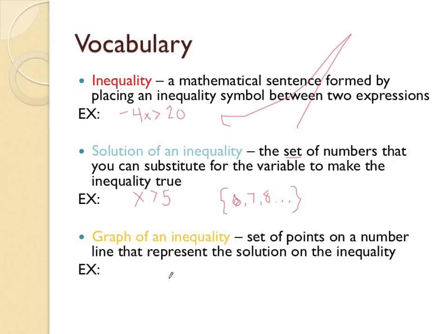And then finally, a graph of an inequality. A graph of an inequality is done on a number line, and it is the set of points on a number line that represent the solution of an inequality. If I were to graph this inequality, x is greater than 5, I would draw a number line and label it. We'll start with 4, 5, 6, 7.